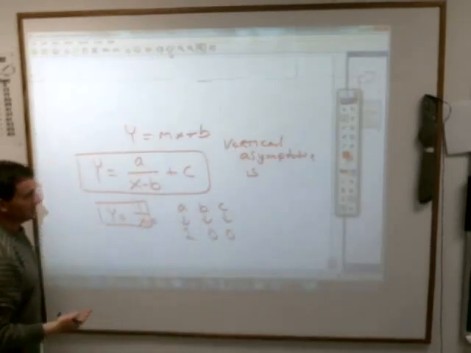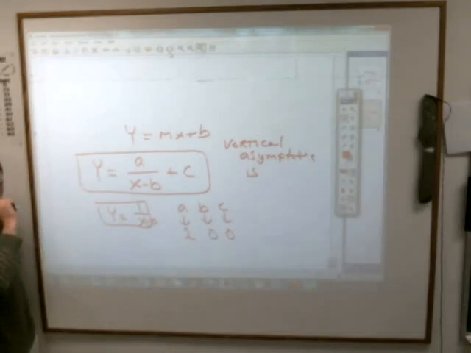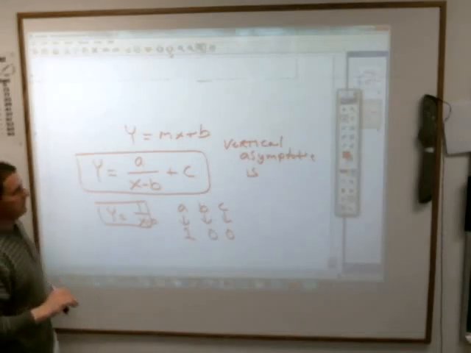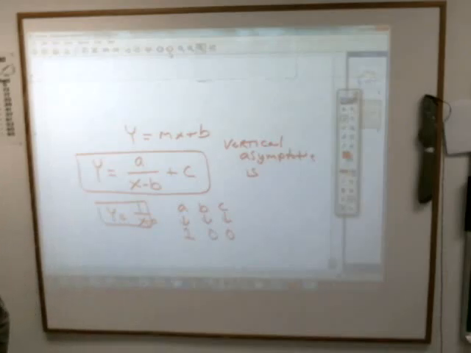The way the book says it is a little confusing. It'll say the vertical asymptote is negative b. So is it just b? Well, it's not b, it's negative b. It's the opposite of what b is.